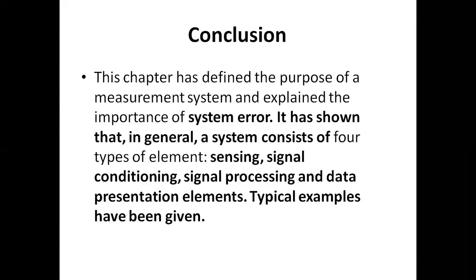So in conclusion, we have tried to describe what a measurement system is. Along the way, we have discussed that the output given by a measuring system is not usually the true input measure coming from the process, but has errors. And the most important thing is to understand the error of a measurement system.